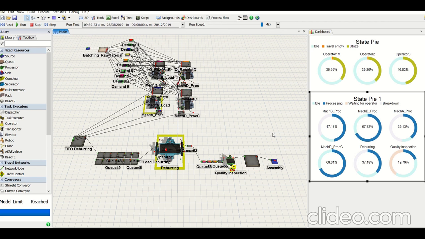Here it can be observed that operator 3 is still able to check all the batches produced during the 3 shifts of deburring. So the constraints in machining and deburring are the machines and not the operators. Each experiment was replicated 5 times and there was no significant difference in the observations.